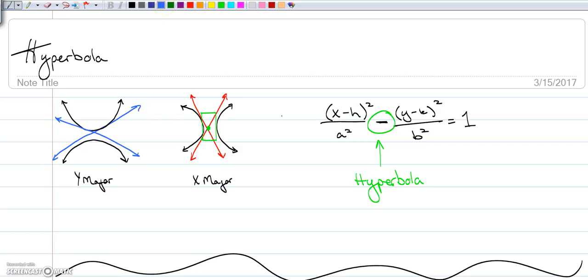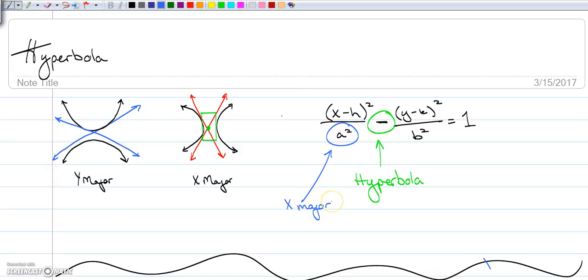Second piece of information. We always looked at which one was bigger on the bottom to figure out whether the ellipse was Y major or X major. Now all we have to do is look at the first one. If we start off with X and A, this means that it's X major.